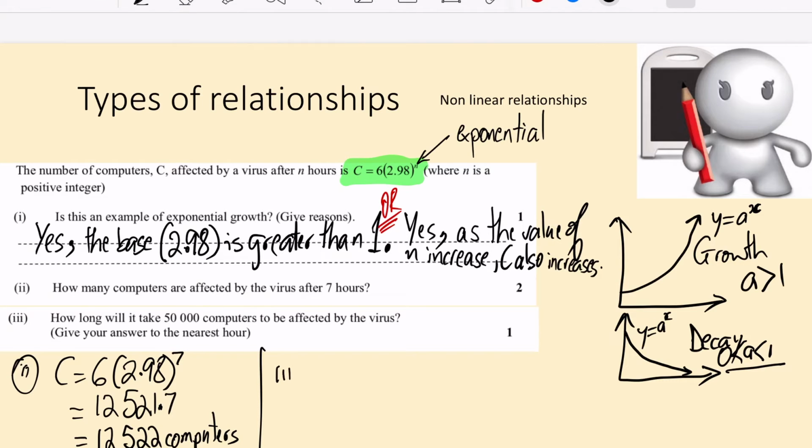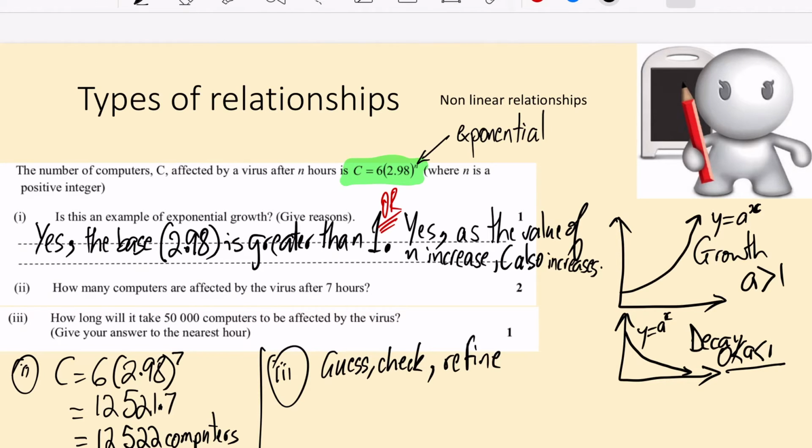Now for part 3, it says how long will it take 50,000 computers to be affected by the virus, and give your answer to the nearest hour. So what we're going to do here is guess, check and refine. We're going to select a value of n, have a guess, check our guess by calculating the eventual value for c, and then refine it, either increasing or decreasing the value of n.